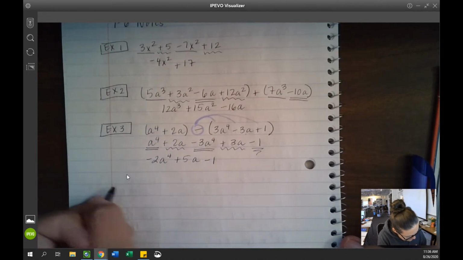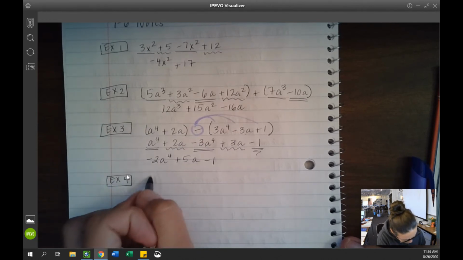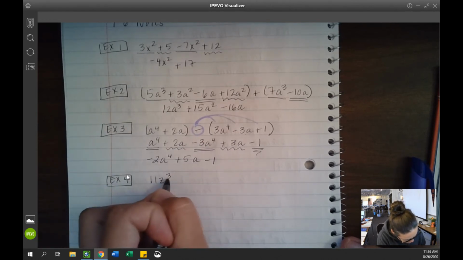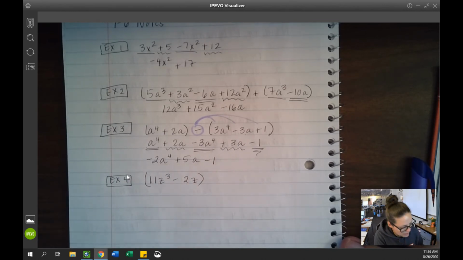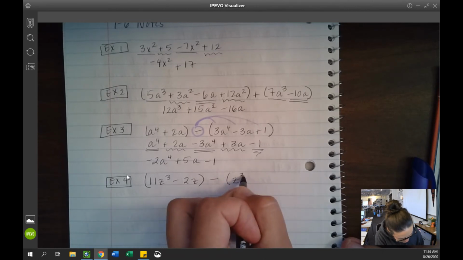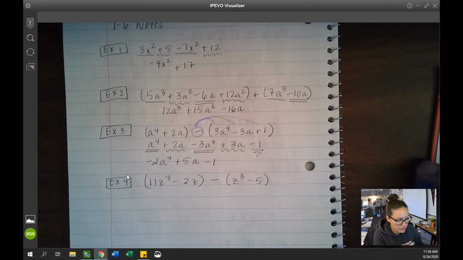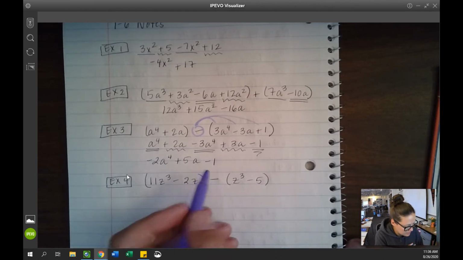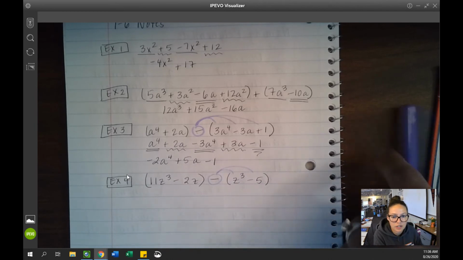Let's say I have 11z cubed minus 2z, and that's all in parentheses, minus, new parentheses, z cubed minus 5. So again, remember that this minus goes to everything in the parentheses after it.